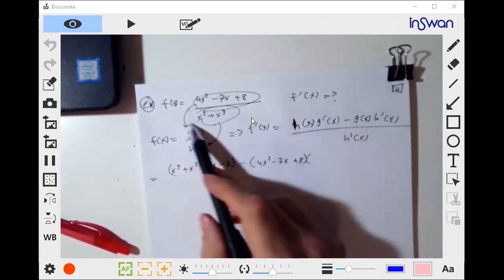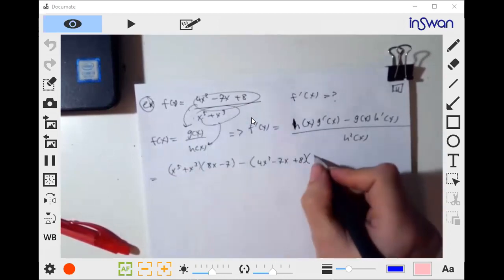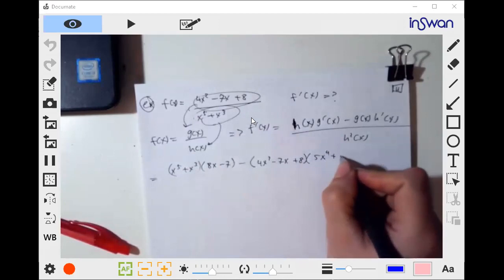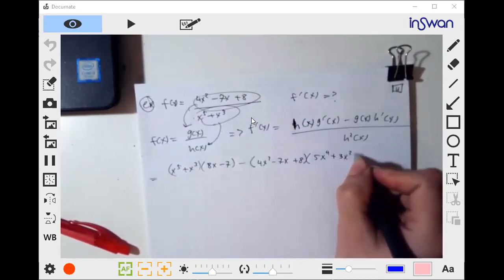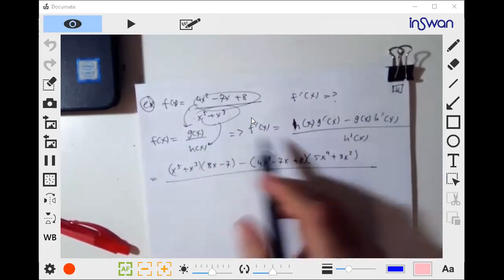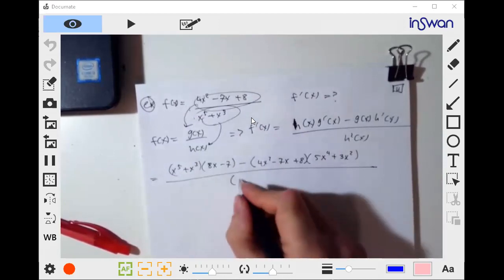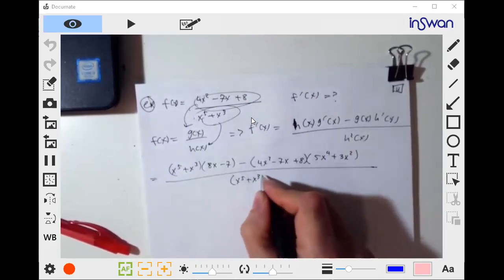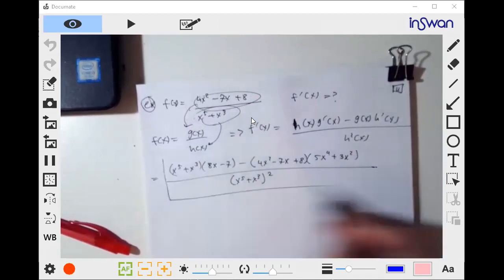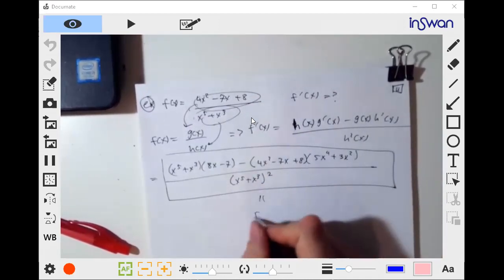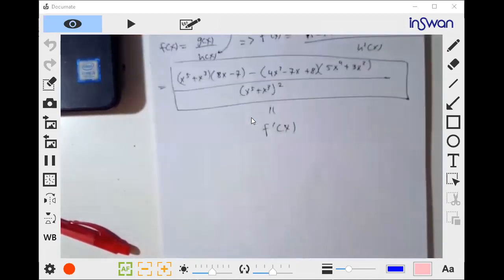H prime of x is taking the derivative of this thing. So this becomes 5x to the 4th plus 3x squared. Everything divided by h of x squared. There you go. This is equal to f prime of x. That's how you utilize the quotient rule.